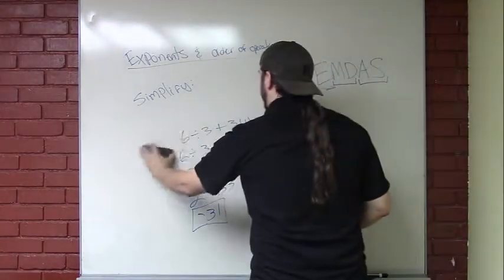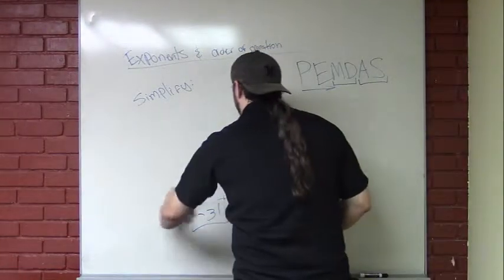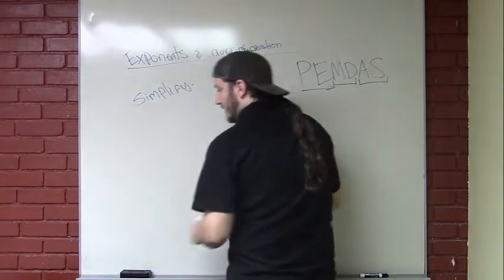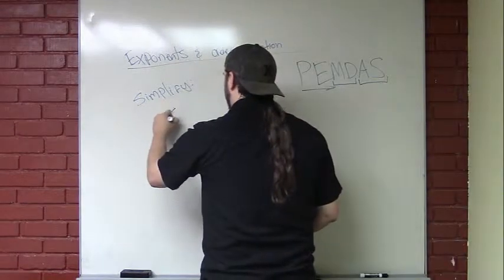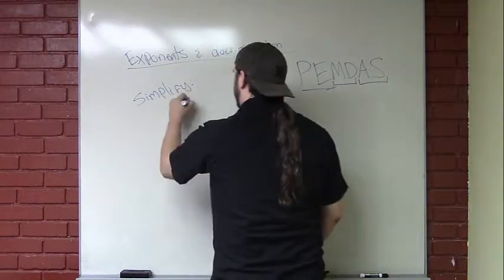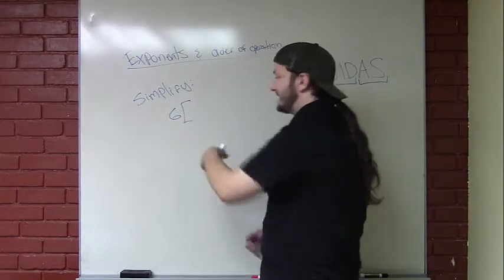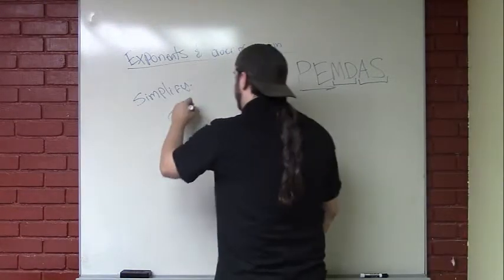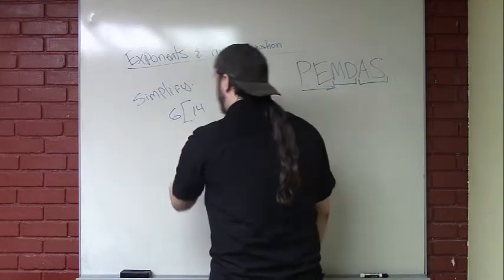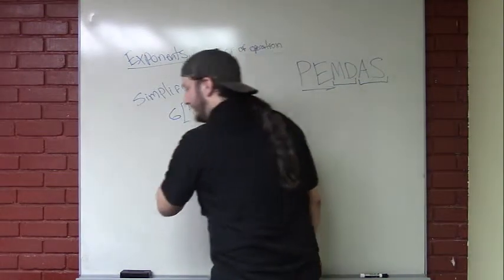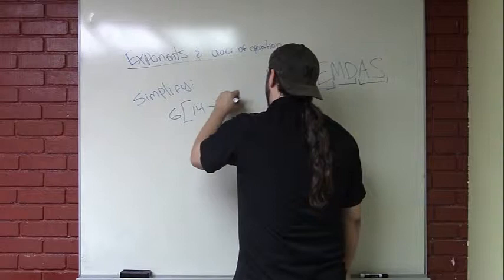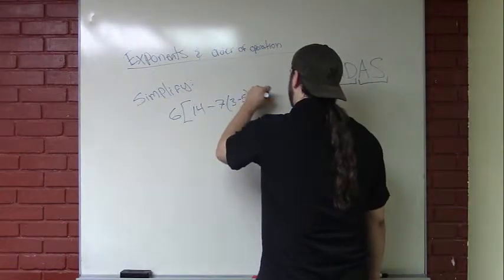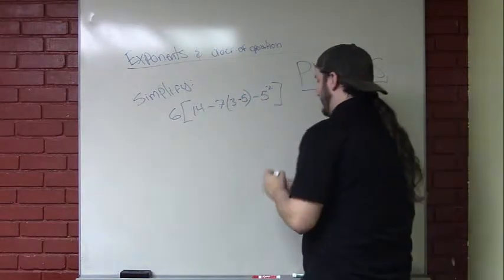We're going to do one more, and this problem's pretty tough. 6, and then we got a bracket here. A bracket is the same thing as parentheses, just to clarify that. So we have 14 minus 7 times (3 minus 5) minus 5 squared, close bracket.